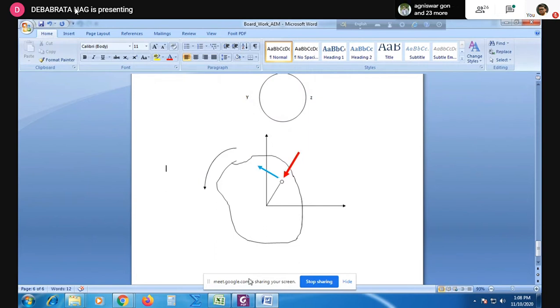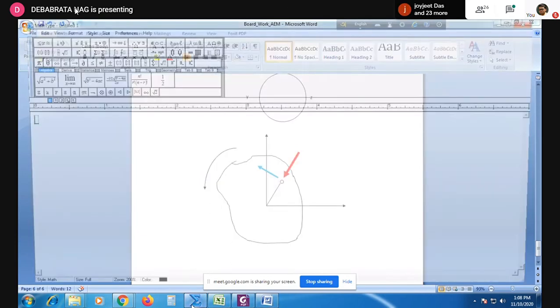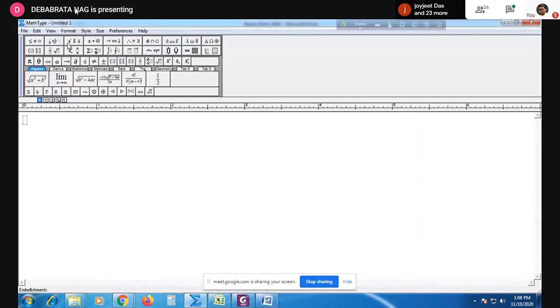If I call this eccentricity E, it will be E into the angular velocity omega. So this will become E omega square, right? This will be the normal component of acceleration.